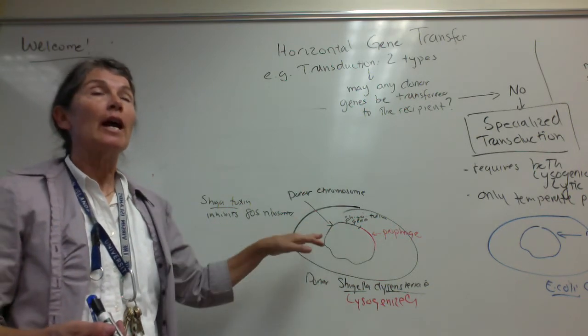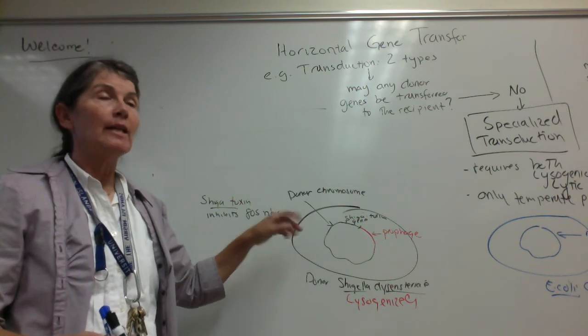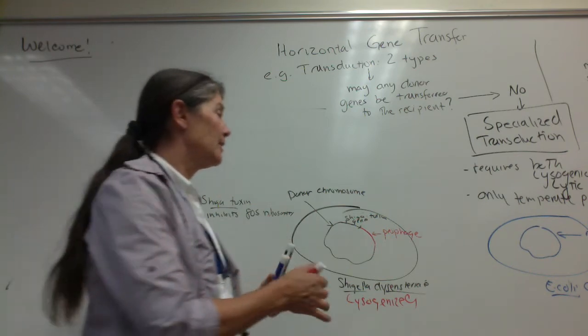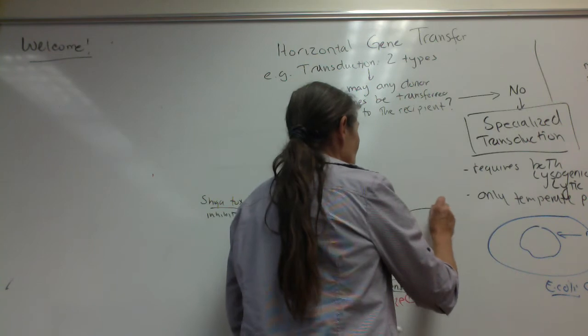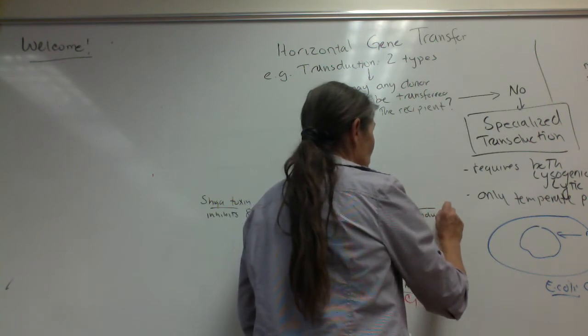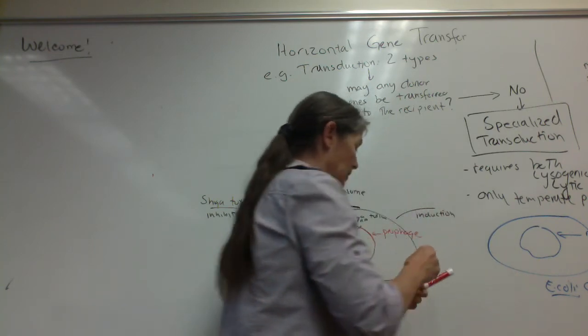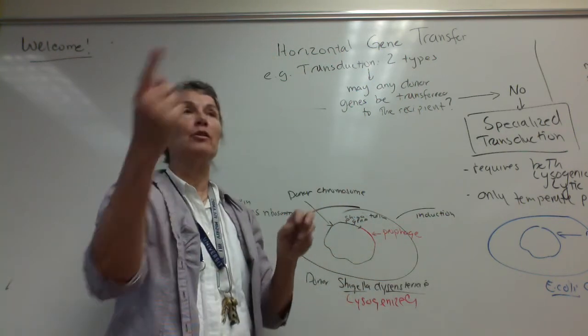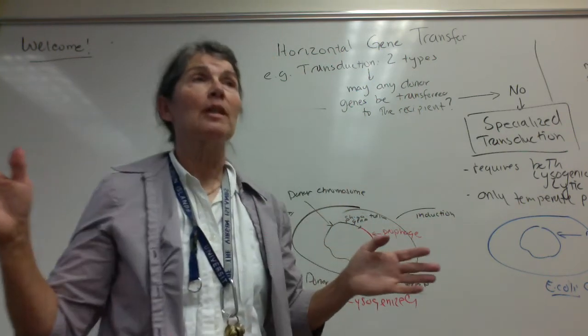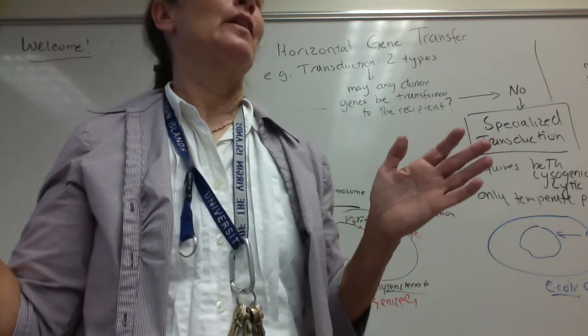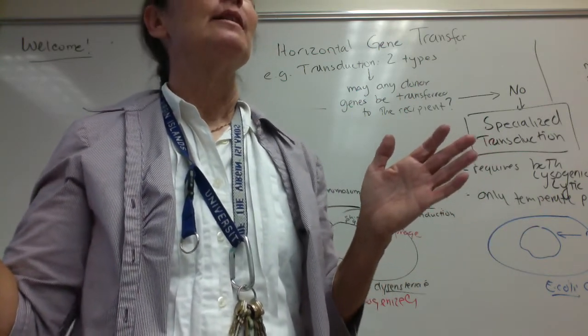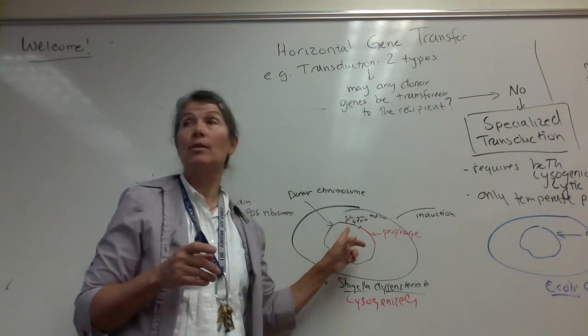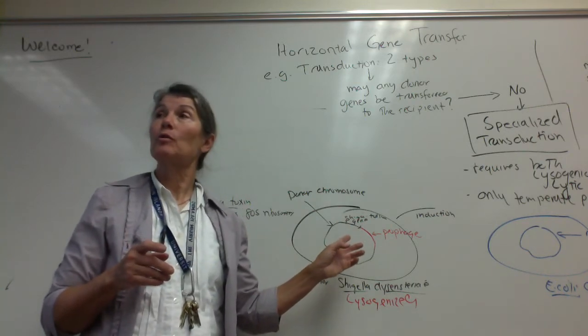Okay. So what happened was we had induction, right? As a result of induction, remember, you guys, we say the prophage cuts itself out and then triggers a lytic cycle. Sometimes the phage doesn't cut itself out precisely. Sometimes it cuts into the bacterial chromosomal DNA.